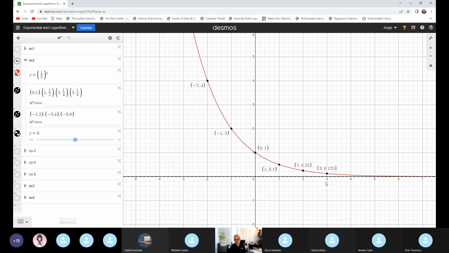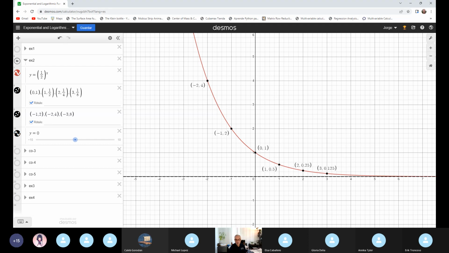The decimal is 0.125. You know, in decimals, no fraction, it is a decimal approximation. And in the negative part, -1 is 2, because 2 is the reciprocal of 1/2. And -2 is the reciprocal of 2 squared, which is 4. Do you see that? This is exponential decay. Look, decay. Cool?